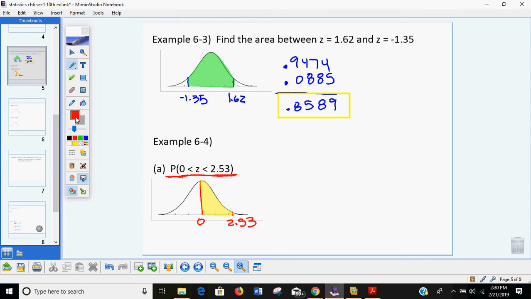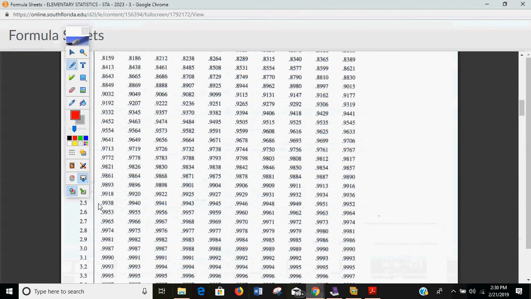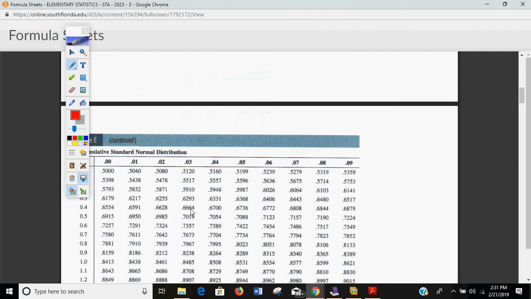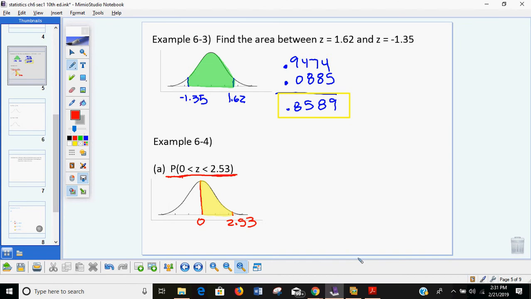So we're going to look up 2.53. Let's go to our chart. 2.53 is going to be 0.9943. And then we're going to look up 0. Now 0 is right here. It's 50%. Of course, it's half of the curve. So let's write that over here.